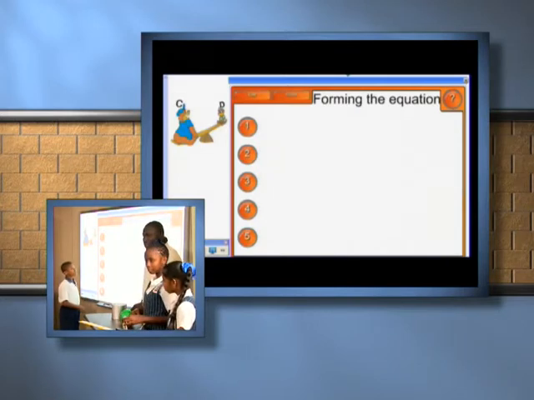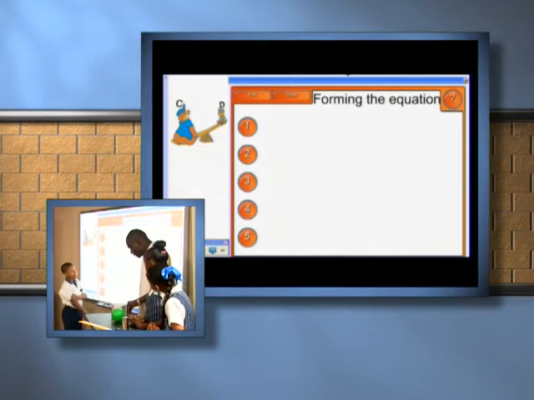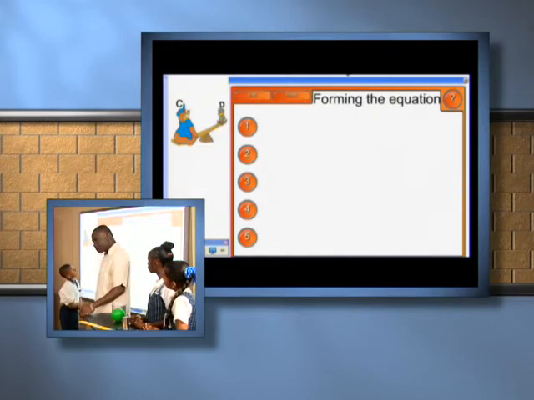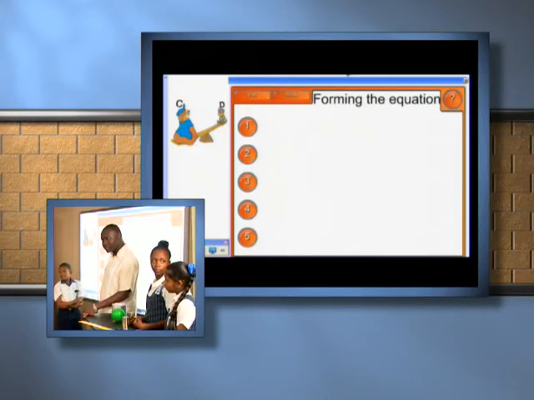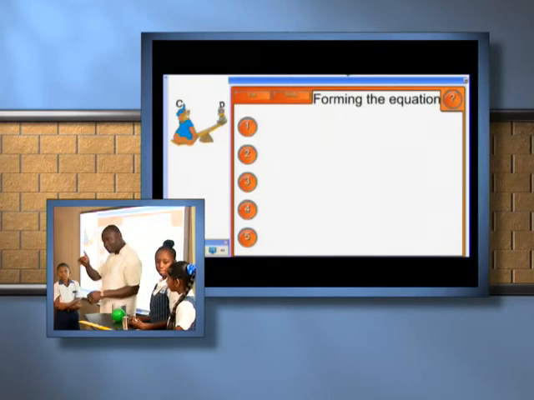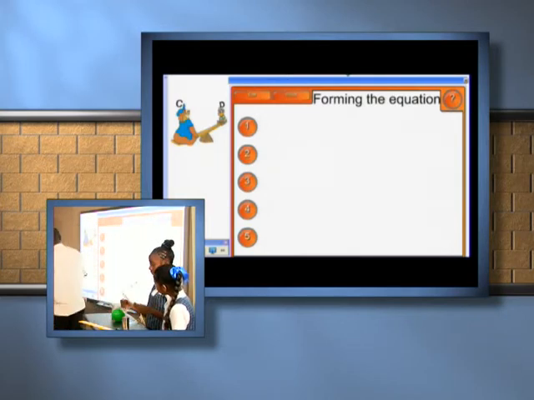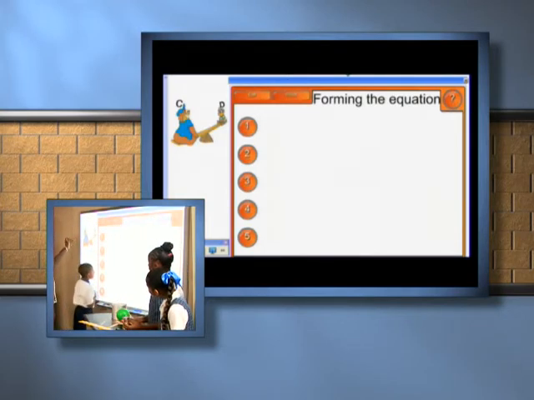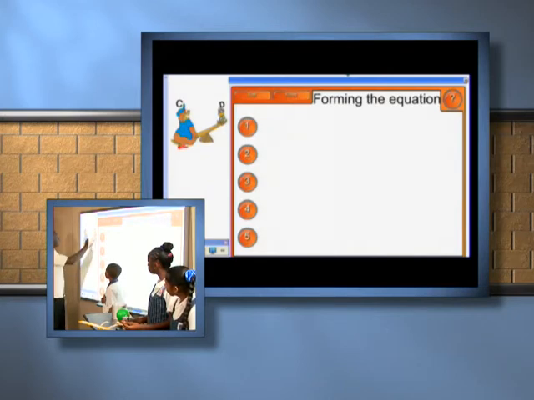Now, what we're going to do now is going to help us to form the equation. But before we proceed, do you agree that the circumference is usually bigger than the diameter? The distance around the circle will be bigger than the diameter. So, for example, here, it's like a seesaw. Right here where we have the C, imagine the circumference is here and the diameter here.